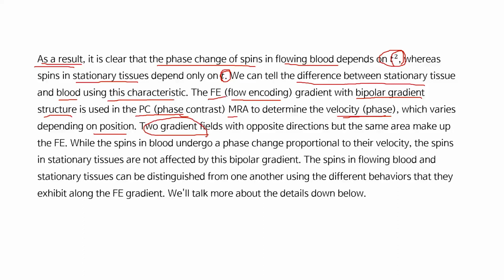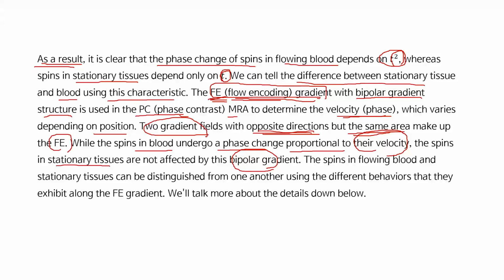This FE consists of two gradient fields with opposite directions but the same area. While the spins in blood undergo a phase change proportional to their velocity, the spins in stationary tissue are not affected by this bipolar gradient. We will see this in detail on the next slide.